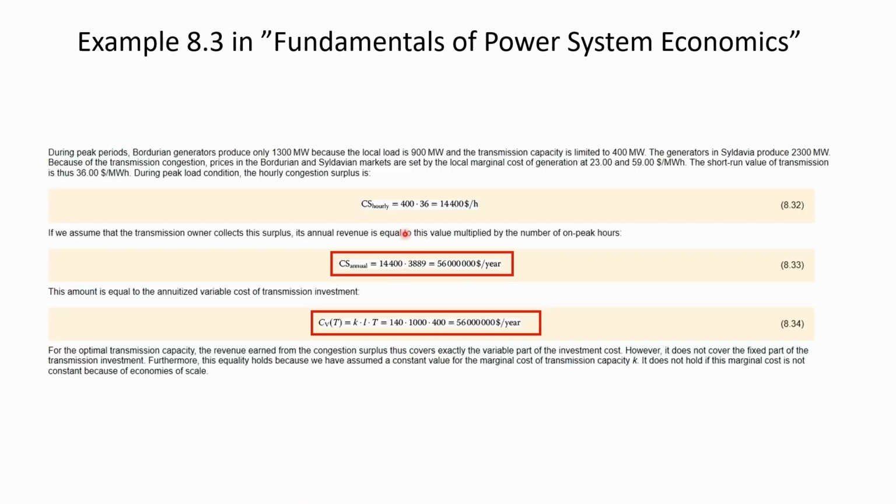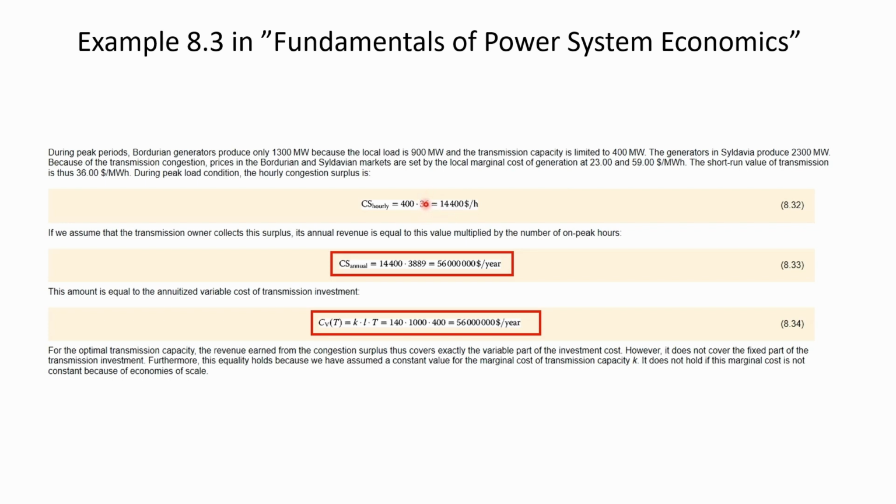At this optimum, the 400 megawatt, the prices in the two areas are $23 per megawatt hour and $59 per megawatt hour. When we subtract, the price difference is $36 per megawatt hour.